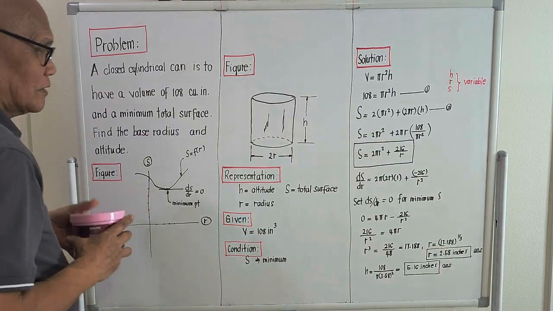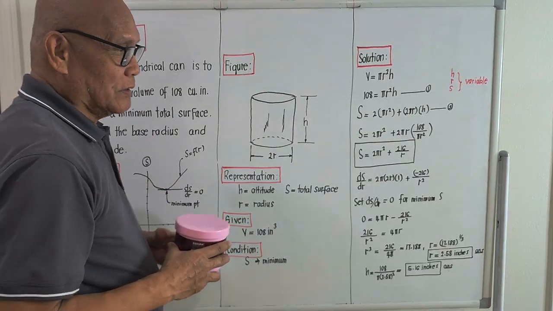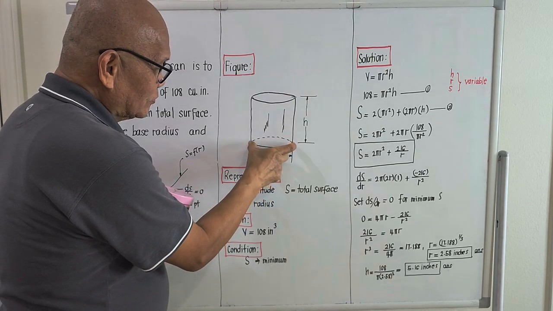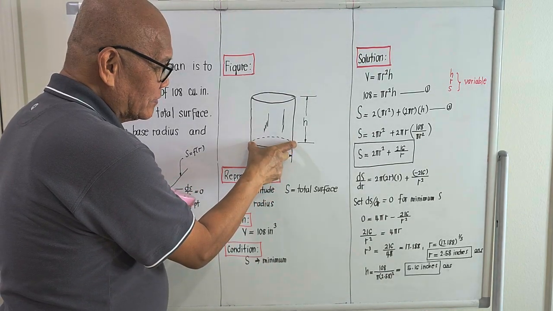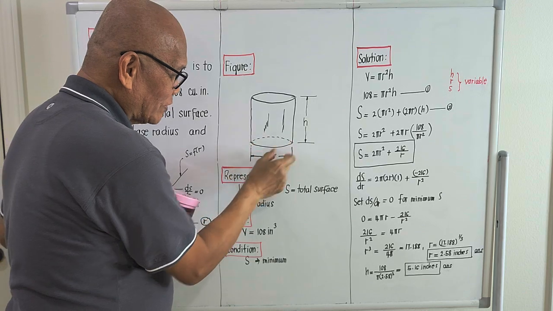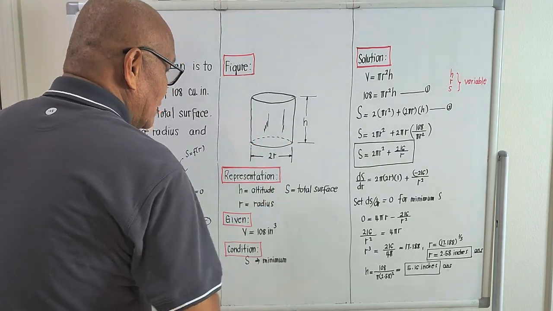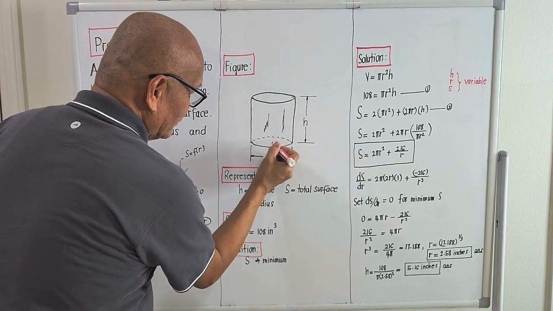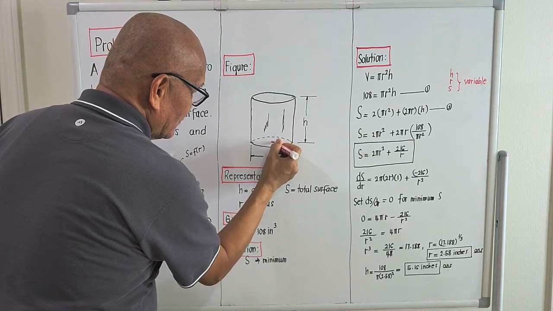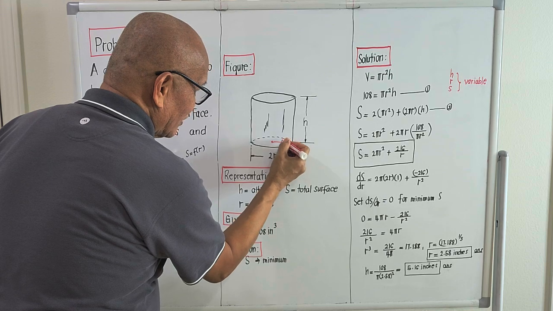The problem is asking what will be the base radius and altitude. This is the total diameter, right? So the total length of this one will be twice the radius, because at the center, that will be the radius.